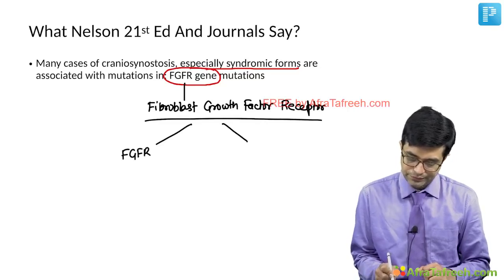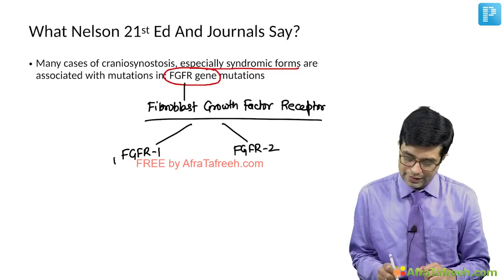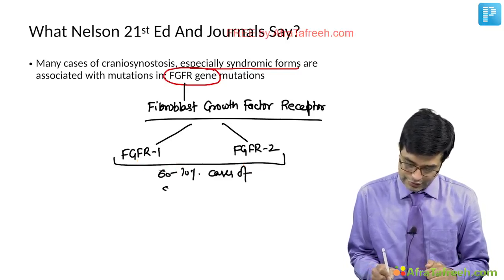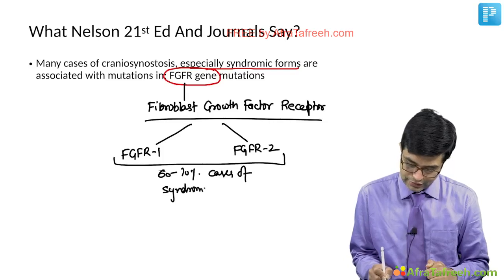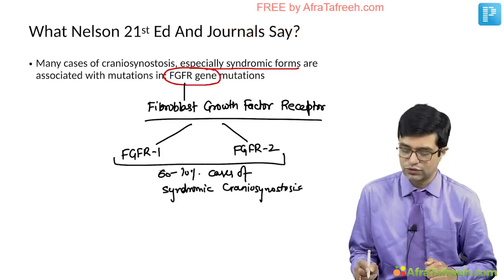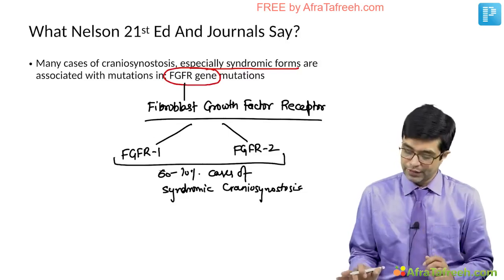FGFR1 and FGFR2 are implicated in almost 60 to 70% of cases of syndromic craniosynostosis. Of course, there are others also. FGFR3 is also there, 7 is also there, and so on. But these are the two which are important that you need to remember.